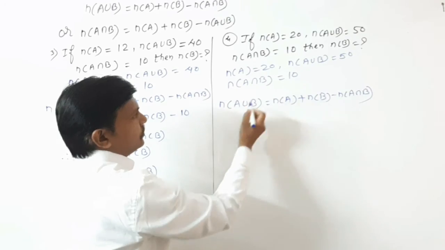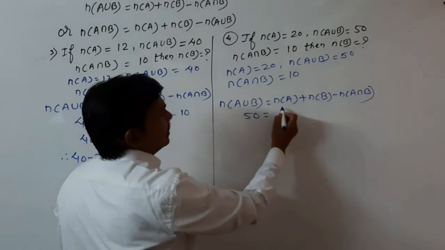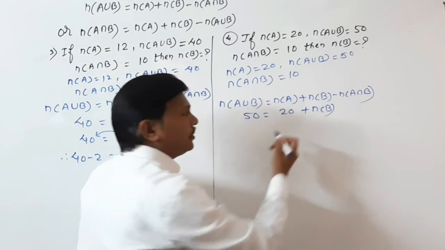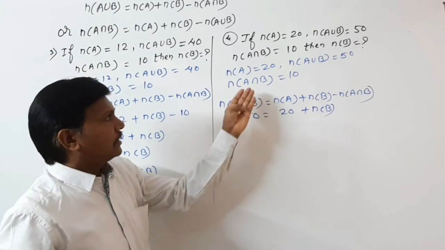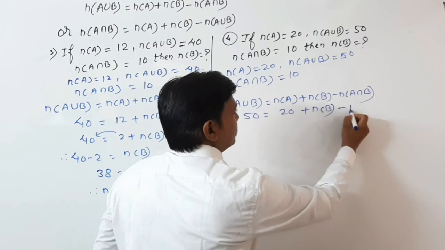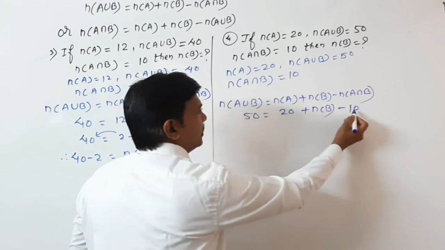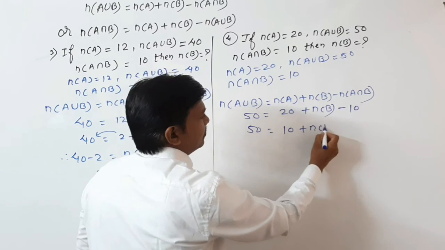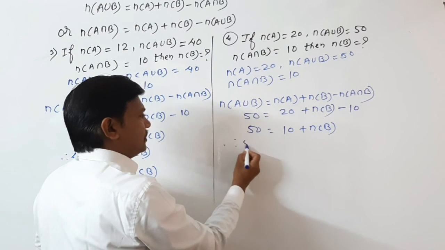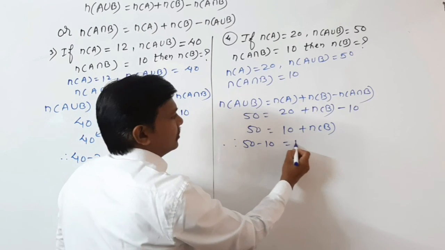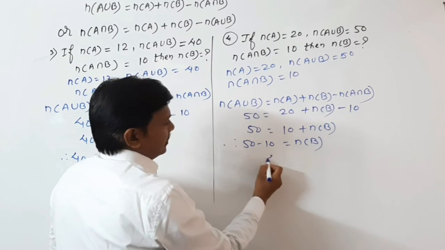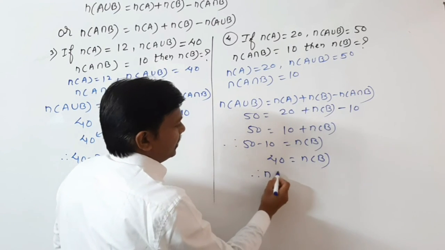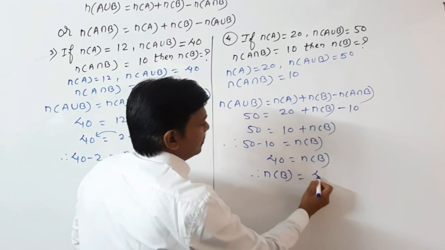Then put the values. So here it is 50, n(A) is 20 plus n(B), this value is not given, so write as it is, and this value is 10, so minus 10. Then 20 minus 10 is 10 plus n(B). And when you shift it here, 50 minus 10 equals n(B), that is 40 equals n(B). So number of elements in set B is 40.